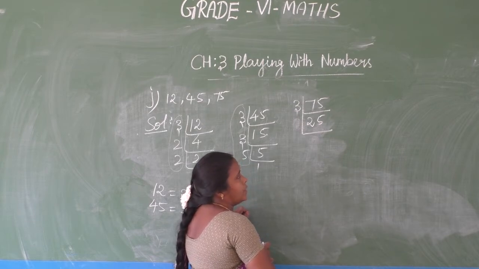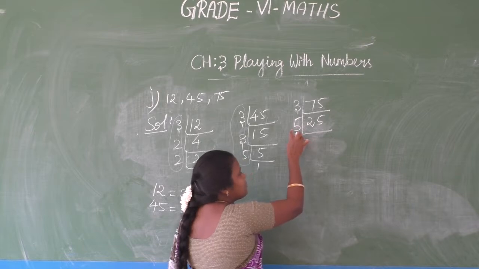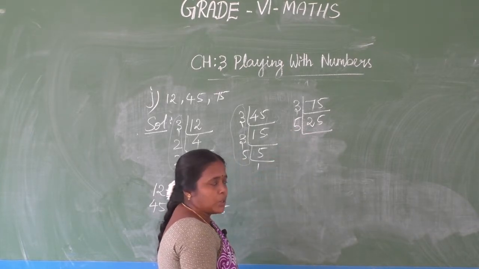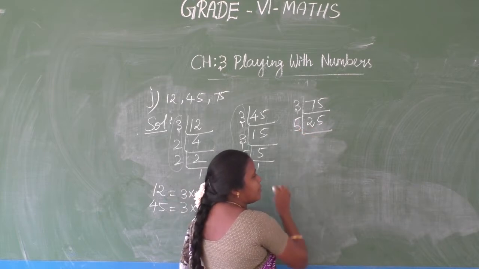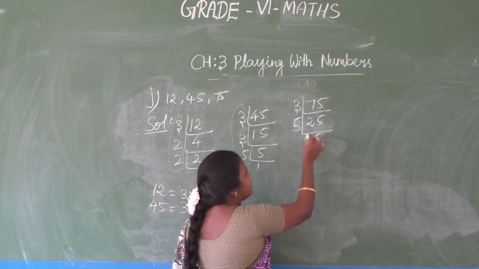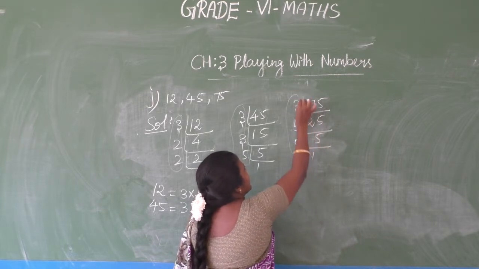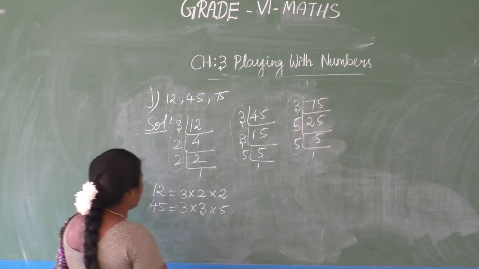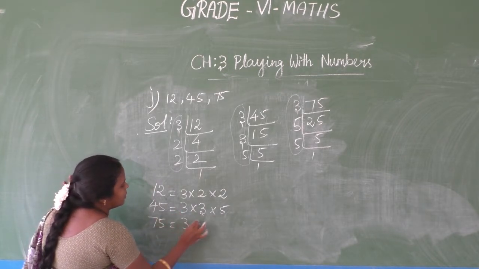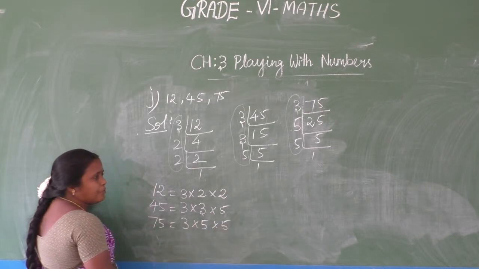So we have to divide. By which table is it possible? By the 5 table. Because 5 is a prime number, it can divide the number 25 also. So in 25, how many 5s are there? 5 5s are 25. 5 is a prime number. So stop the sum. These are the prime factors of 75. Take and write here: 3 into 5 into 5.